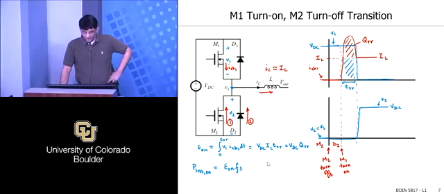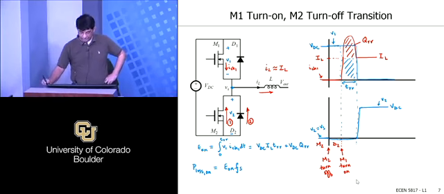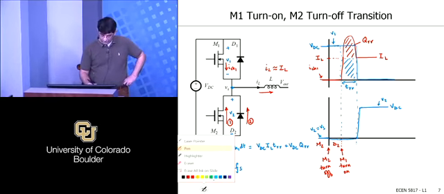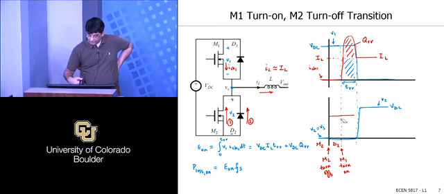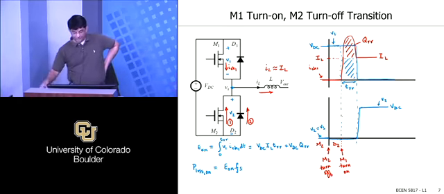Okay. What about the loss in the diode? Is there any loss in the diode? The diode is essentially carrying current. We wanted to draw the diode current. Previously, the current was in M2, and the M2 current came down, but I'm not going to sketch that. The diode carried current equal to IL here, and then that current, that's actually not true, because the diode current actually went negative.